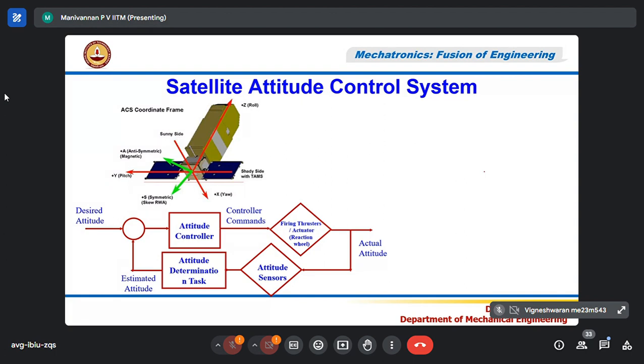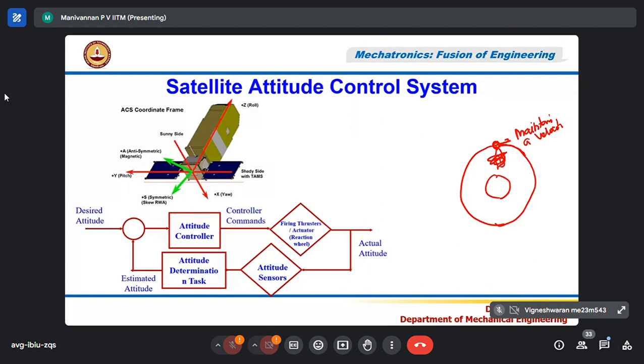To maintain the circular orbit, the satellite has to maintain a particular velocity. While launching the rocket, before leaving, the particular velocity is given to the satellite. So the satellite will start orbiting.